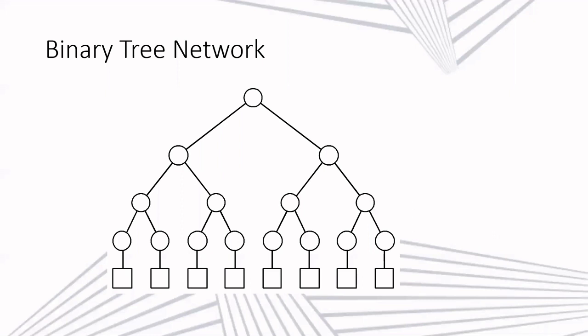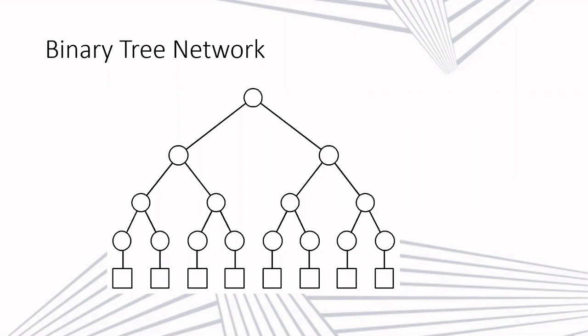So now we move on to the next topology, which is a binary tree network. From the figure itself, we can see that it is an indirect topology, since the number of switch nodes is greater than the number of processors. So there are n processors where n is equal to 2 raised to d. We are taking n as a power of 2 for the sake of simplicity of drawing the diagram.